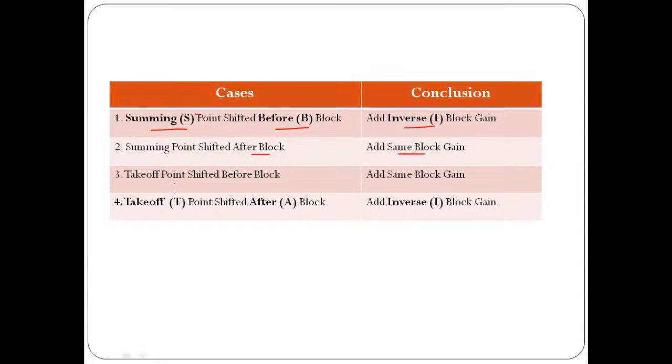And if we are dealing with shifting of a takeoff point before a block, we need to add same block gain. And whenever a takeoff point is shifted after a block, we need to add inverse block gain. So here you need to remember SPI, and here you need to remember TI. That is important.